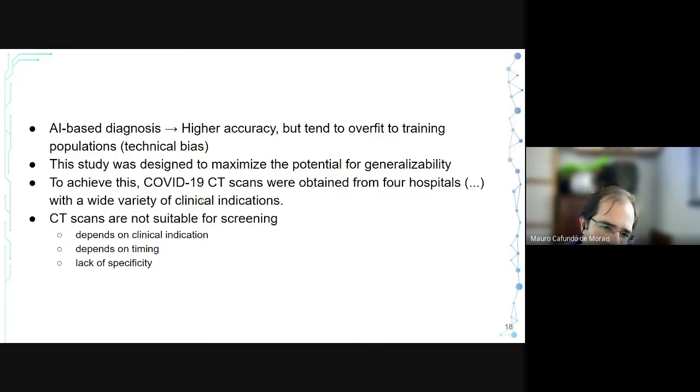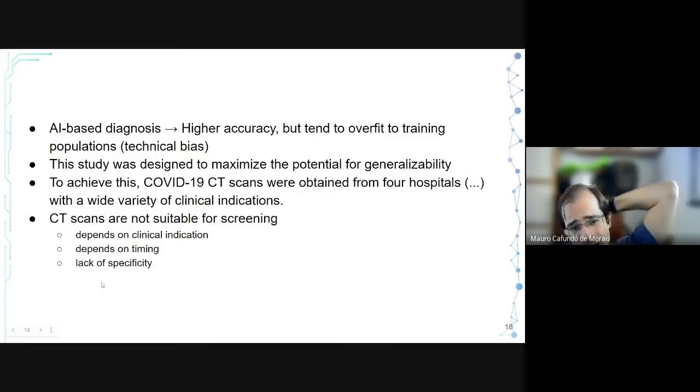And they achieve this by using data from different hospitals across the globe, but they also see the limitations of the CT scan. It's not suitable for screening. There are others, like RT-PCR, which is much more suitable for that. The performance of the CT scan depends on the clinical indication and on timing, like in which stage of the disease or the prognosis.